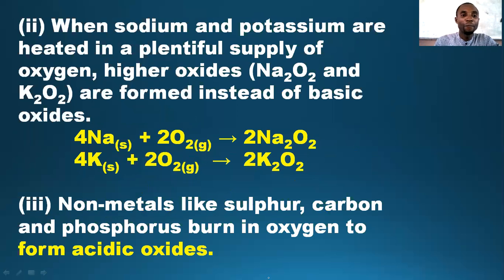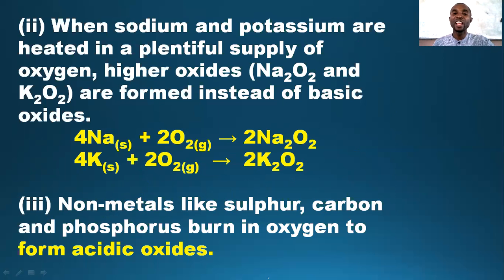Okay. Next thing we need to understand about the chemical behavior of oxygen is that when sodium and potassium are heated in a plentiful supply of oxygen, higher oxides like sodium peroxide and potassium peroxide are formed instead of the basic oxide.